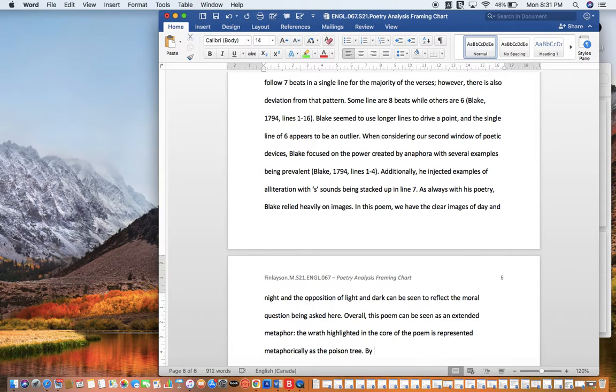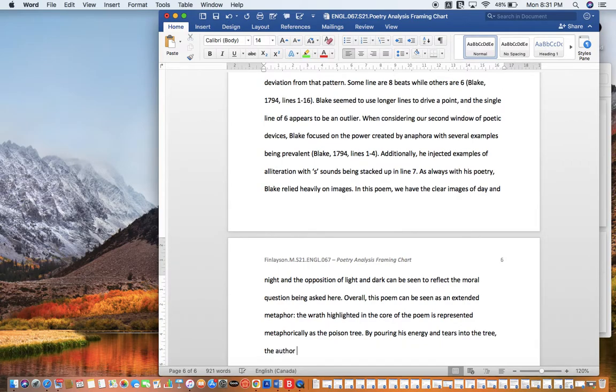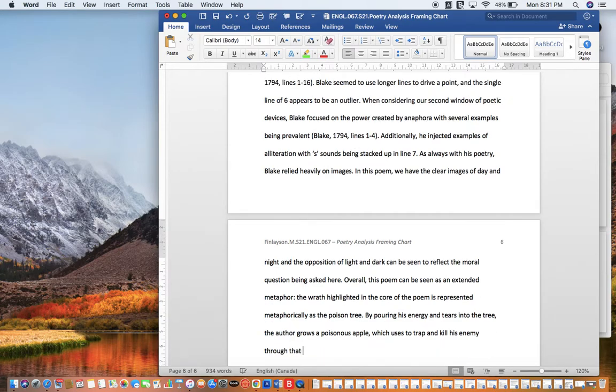By pouring his energy and tears into the tree, the author grows a poisonous apple which he uses to trap and kill his enemy through that foe's jealousy and greed.